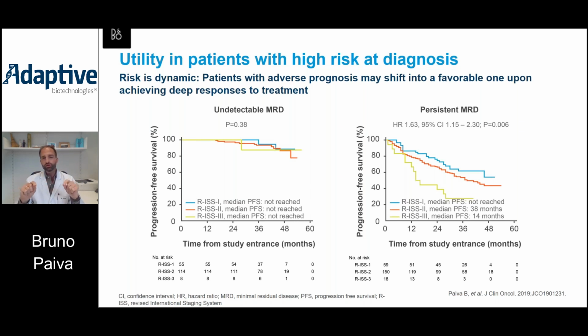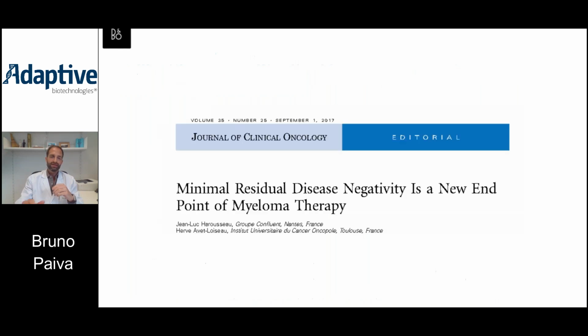By contrast, I would call your attention to the progression-free survival of patients with revised ISS3 and persistent MRD after VRD induction, transplant, and VRD consolidation, and before maintenance therapy, which is only 1 year. And perhaps this information could be used to modify treatment in these patients.